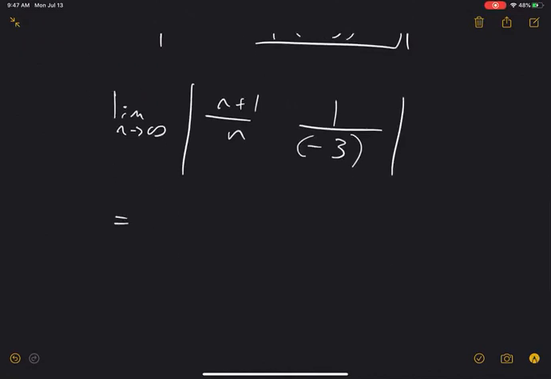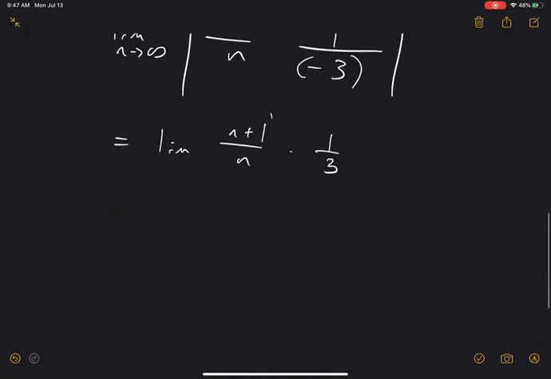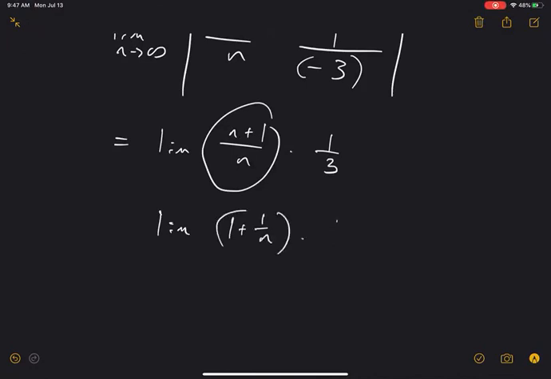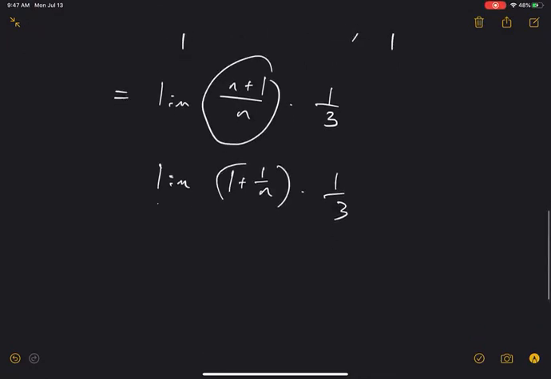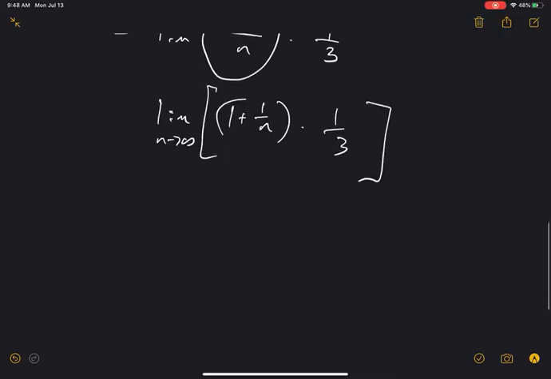And then I'm taking absolute value, so this negative gets canceled out. So what I have is this. And then what's the limit of this thing? Well, I could simplify that some more. Okay. This is just a constant, so I can bring it outside my limit.